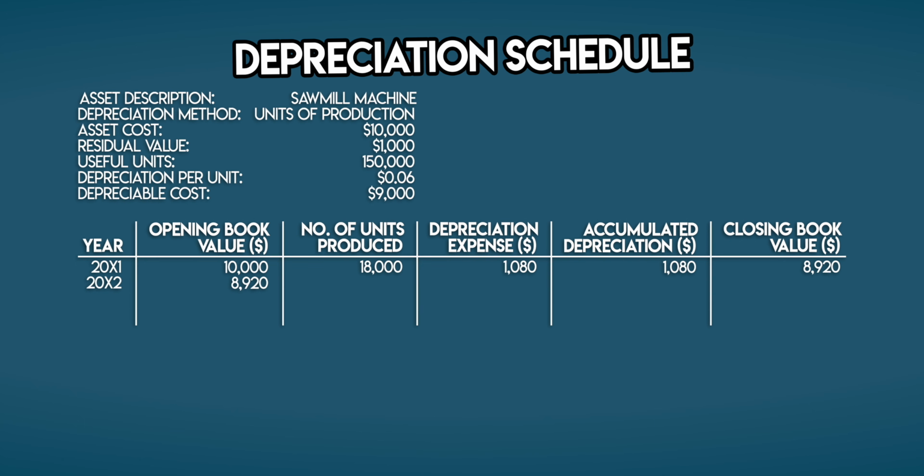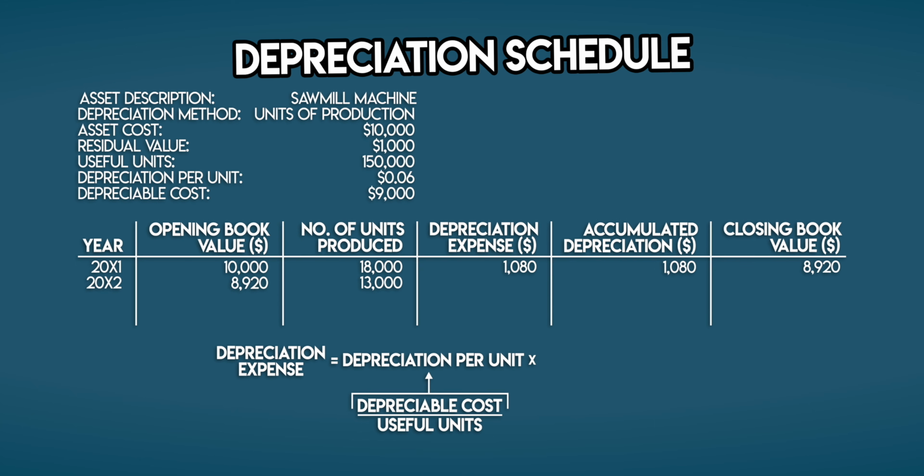Let's say it's a slow year and you only managed to produce 13,000 units of timber this time round. Again, your depreciation expense is the depreciation per unit multiplied by your number of units produced. Depreciation per unit is a constant 6 cents per unit, and you produced 13,000 units. So your depreciation expense is 6 cents per unit multiplied by 13,000, which is $780.